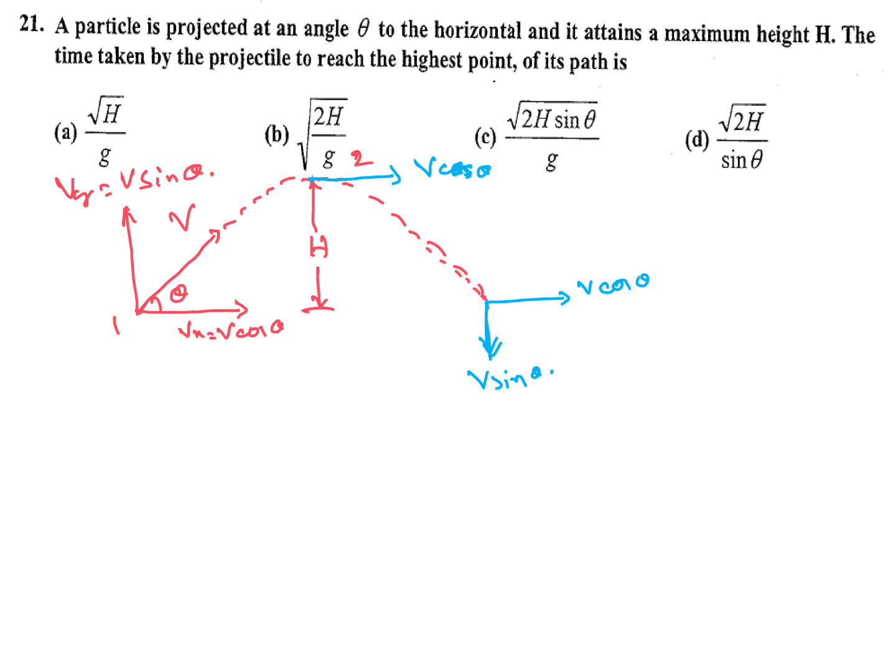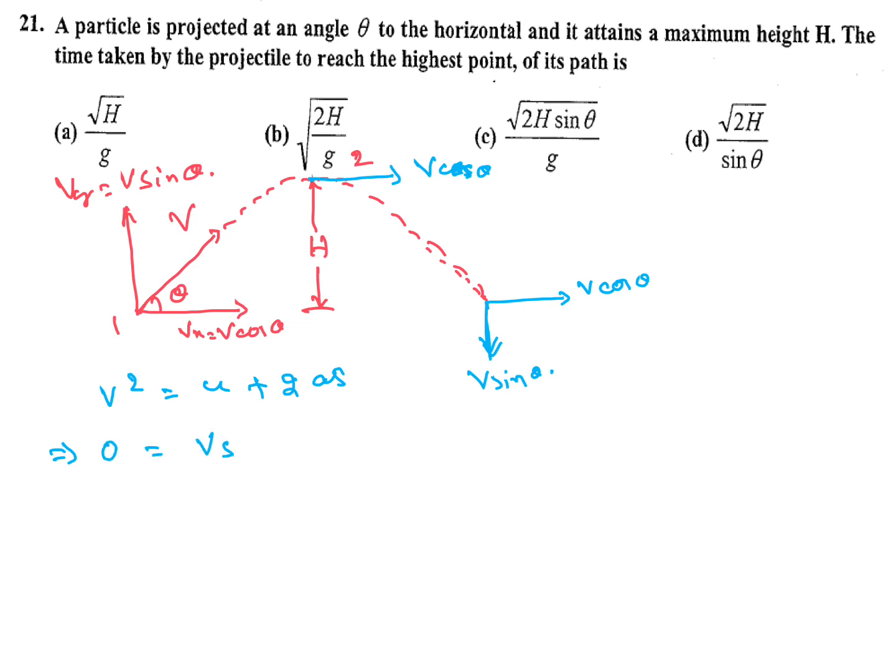So we will use, for time, we have to calculate from 1 to 2. If we start, v square equal to u square plus 2as. In the vertical direction, v square at point 2, vertical v is 0.